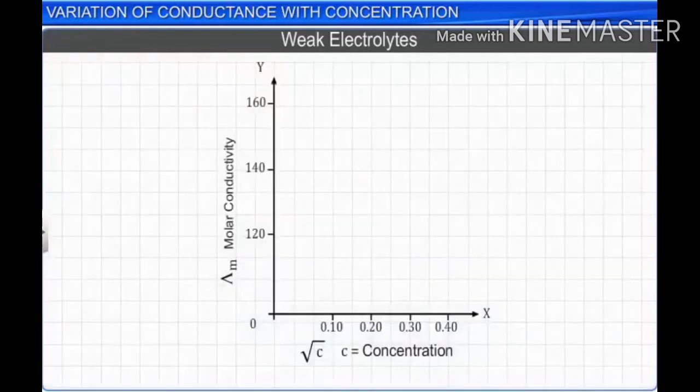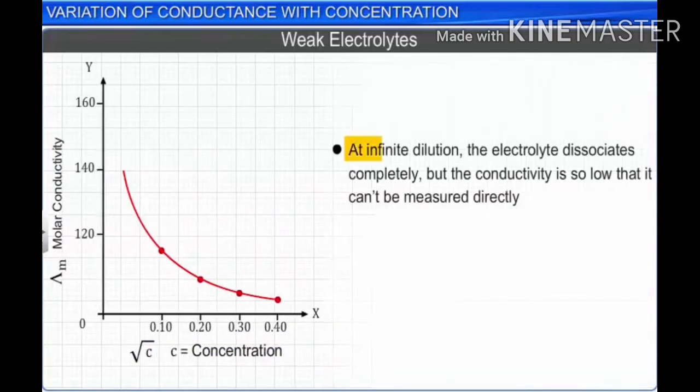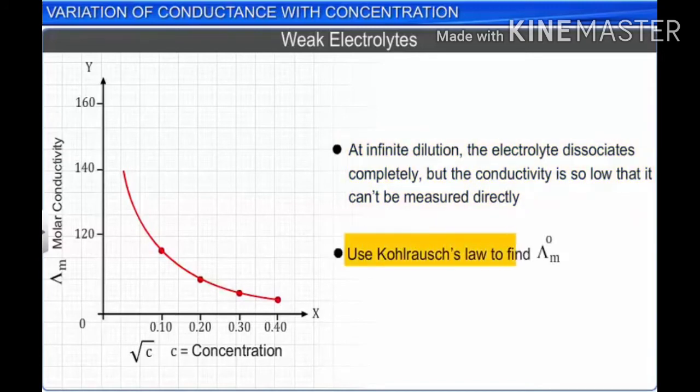Since the relationship isn't linear, we can't determine the limiting molar conductivity by extrapolating back to zero concentration. At infinite dilution, the electrolyte dissociates completely, but the conductivity is so low that it can't be measured directly. Instead, we can use Kohlrausch's law to find the limiting molar conductivity.